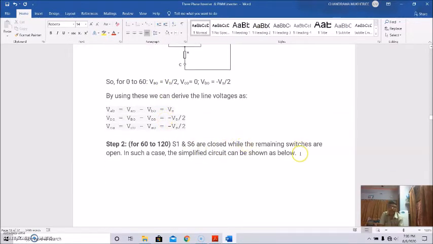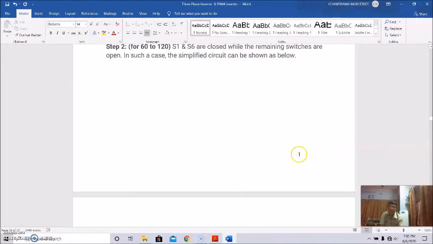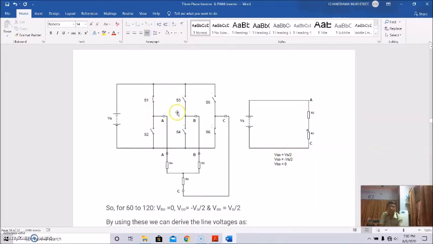While the remaining switches are open, in such a case the simplified circuit can be like this: this is S1 and this is S6, so it will be like this.